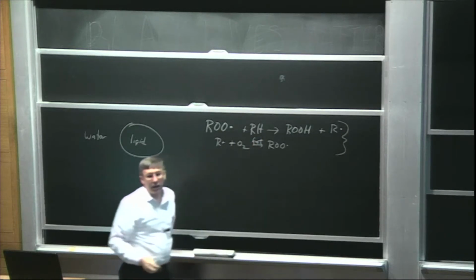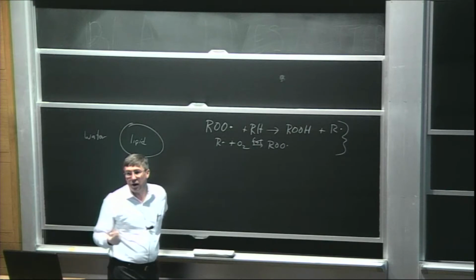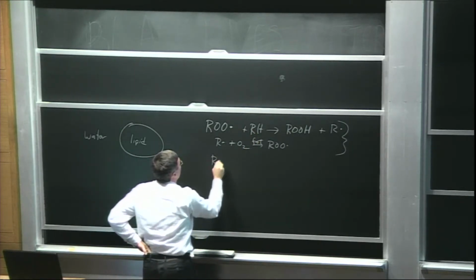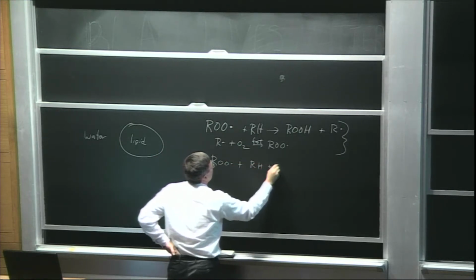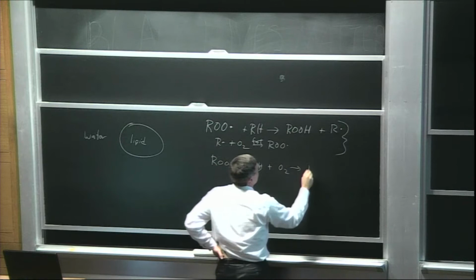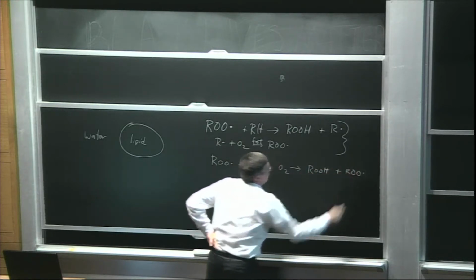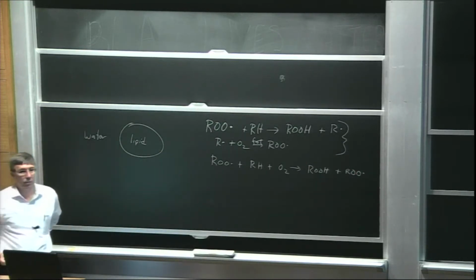That's like a microsecond time scale in your body because the oxygen concentration is so high in the blood. So this reaction is really ROO plus RH plus O2 to ROOH plus ROO. So the radical is just catalyzing the oxidation of your lipid into the peroxide.